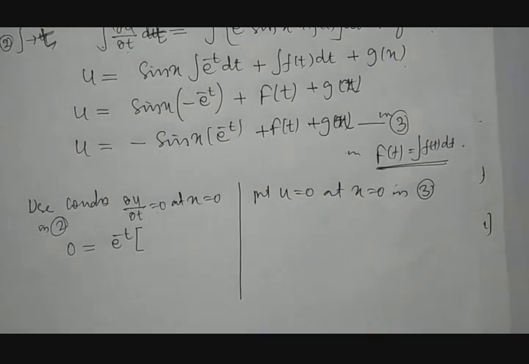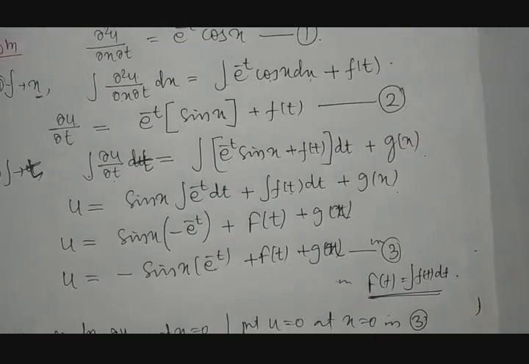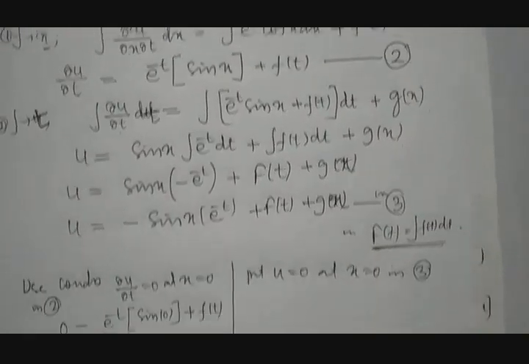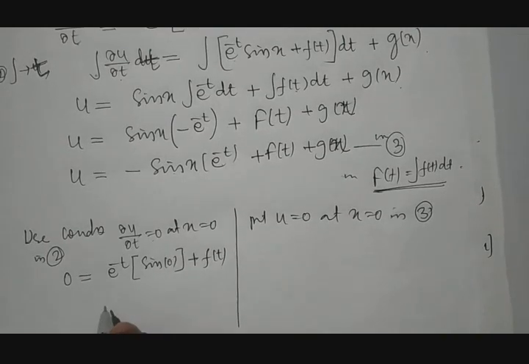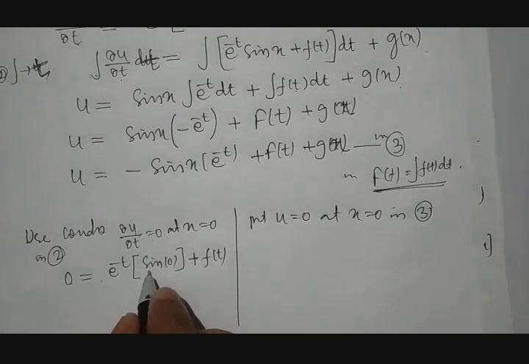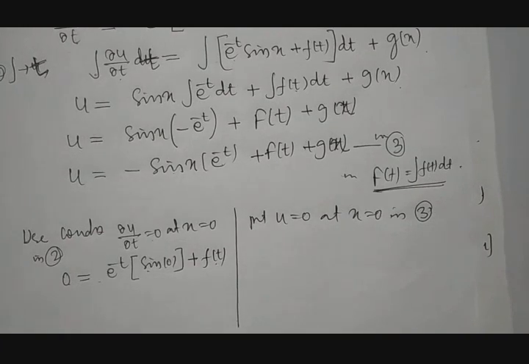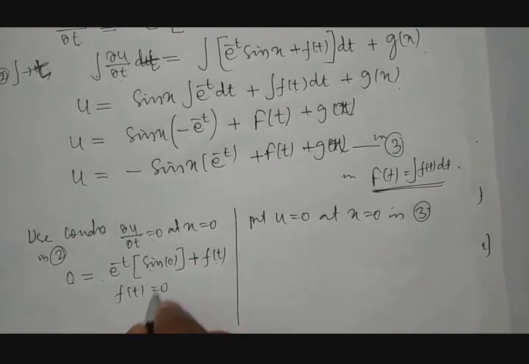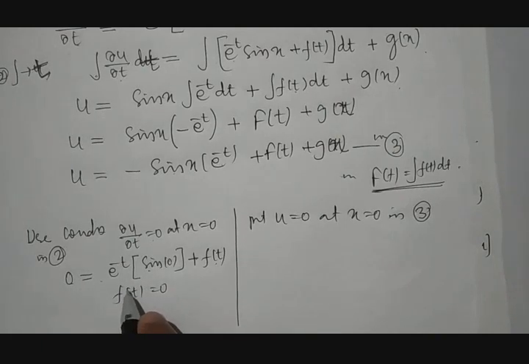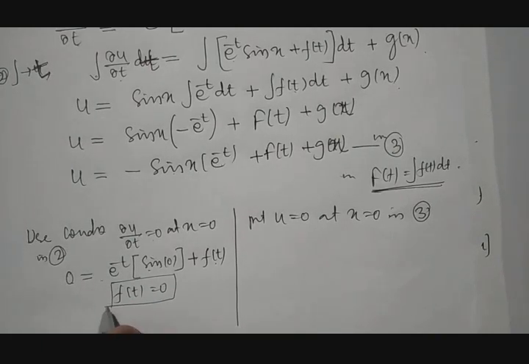But x is equal to 0. Therefore, it becomes sine 0, plus f of t. And we know that sine 0 is equal to 0. Therefore, it becomes 0 is equal to 0 plus f of t. So we got f of t is equal to 0.